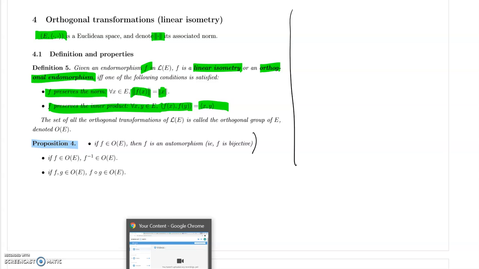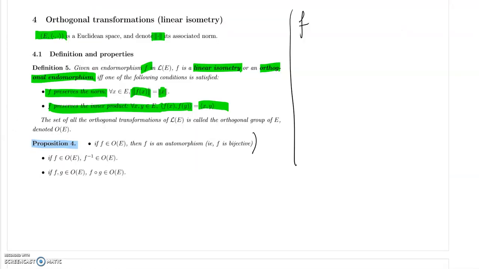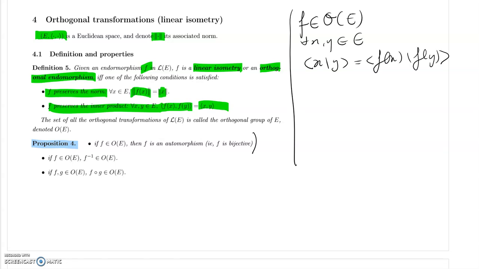We assume F belongs to the orthogonal group of E. What does it mean? It means that for any x, y in E, I'm just reinterpreting this hypothesis, the scalar product of x and y is equal to the scalar product of f of x with f of y. That's the definition.